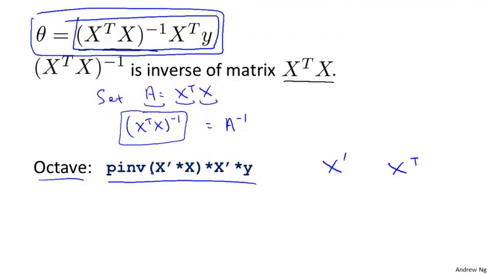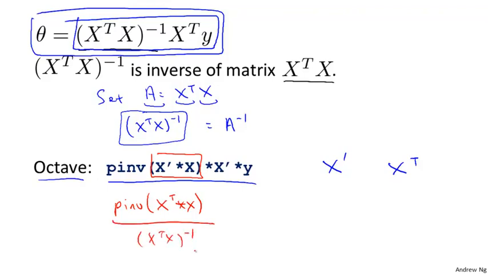And so this expression that I'm boxing in red is computing X transpose times X. pinv is a function for computing the inverse of a matrix, so this computes X transpose X inverse, and then you multiply that by X transpose and you multiply that by y, so you end up computing that formula.